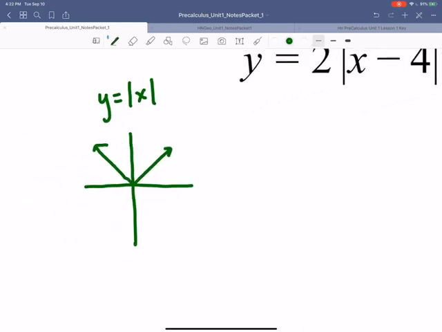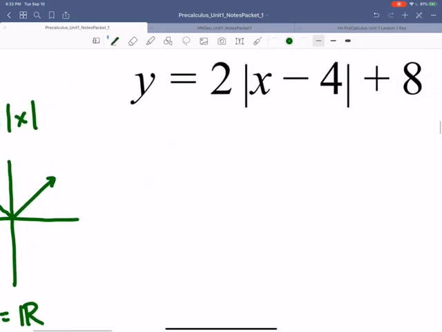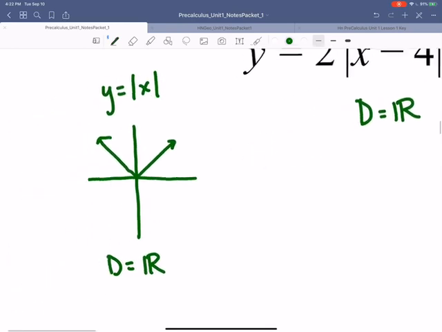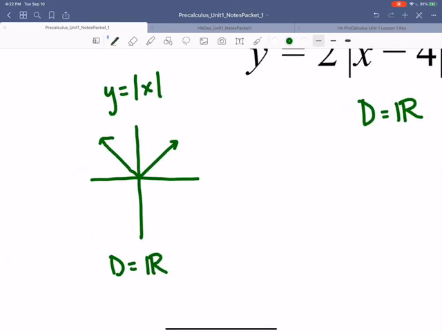So let's think about the domain and range of this function, the absolute value of x. Well, we know the domain is all real numbers. We can plug any number we want into the absolute value of x. So after we shift it 4 to the right, the domain is still all real numbers. And the range of the absolute value function is 0 to infinity.